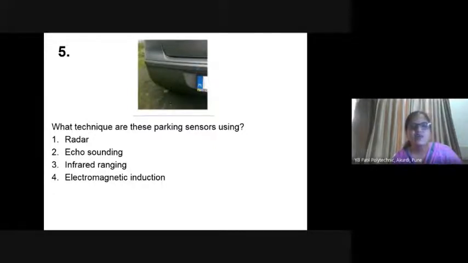Second, echo sounding. Third, infrared ranging. Fourth, electromagnetic induction. Have you noted, students, the question number and option number? Write in the chat box so that I will come to know whether you are noting down or not.